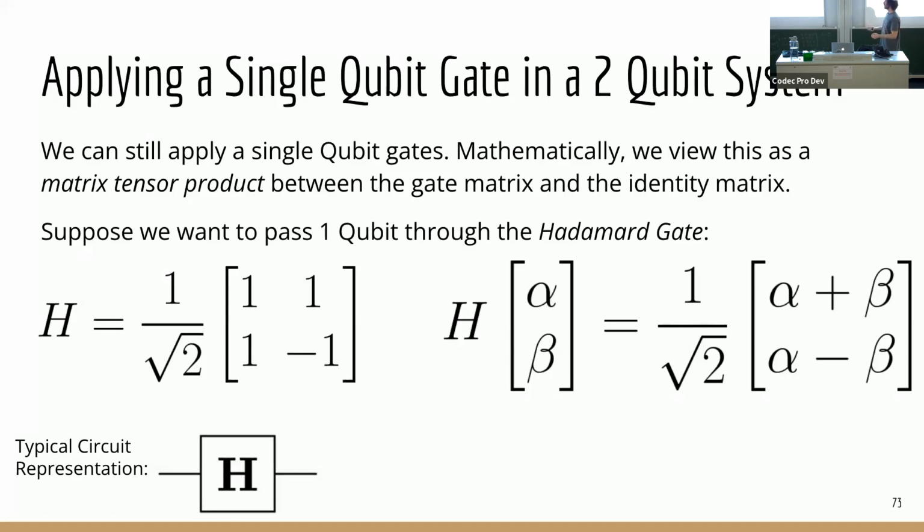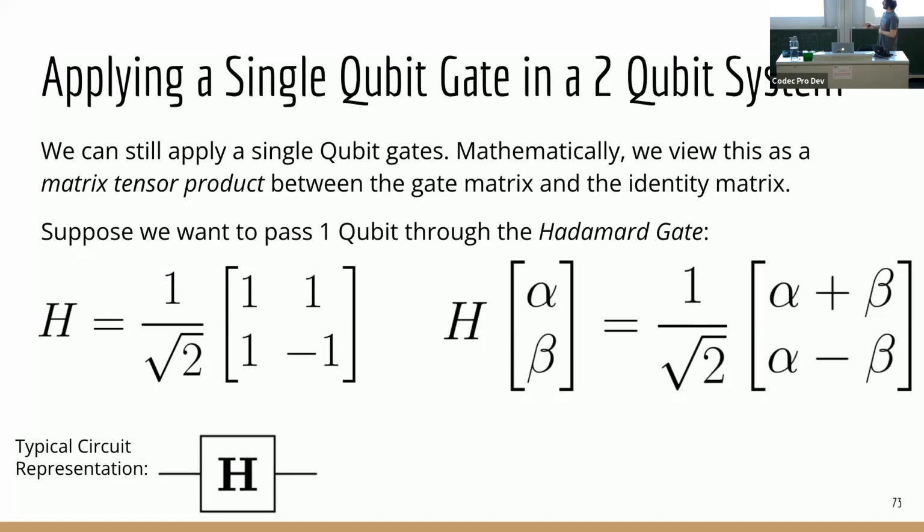That's not mathematically sound. So what we do in the case of a single qubit gate is we view it as the matrix tensor product between our intended gate matrix and the identity matrix. So we'll work through an example of how to do this conversion.